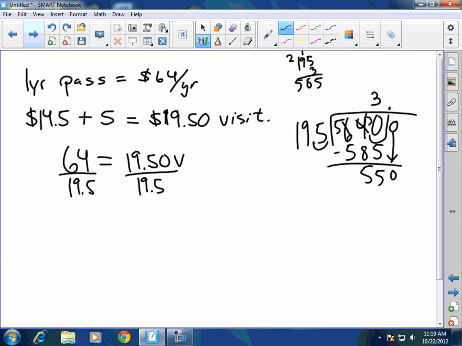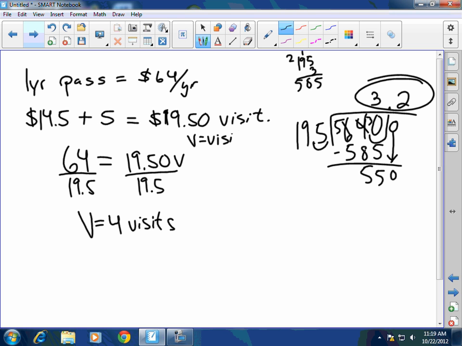So that won't go in 3 times again, will it? It's going to go in 2 times. We don't even need to calculate it because we know it's 3.2. So at 3.2 visits, they're equal. When will the pass be a better deal? After 4 visits. V equals 4 visits, and here V equals the number of visits. So that's the first part.